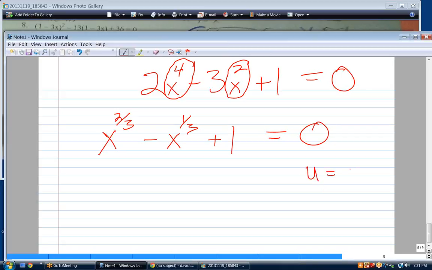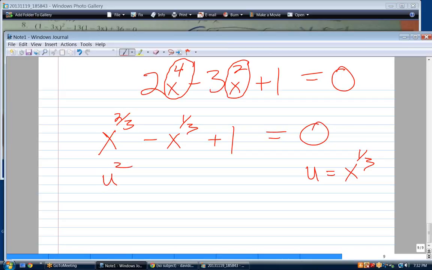X to the 1/3. X to the 1/3. So now when I write this in a quadratic in u, what does it become? U to the 1? Would it be u to the 1/3? Well, it'd be u squared.